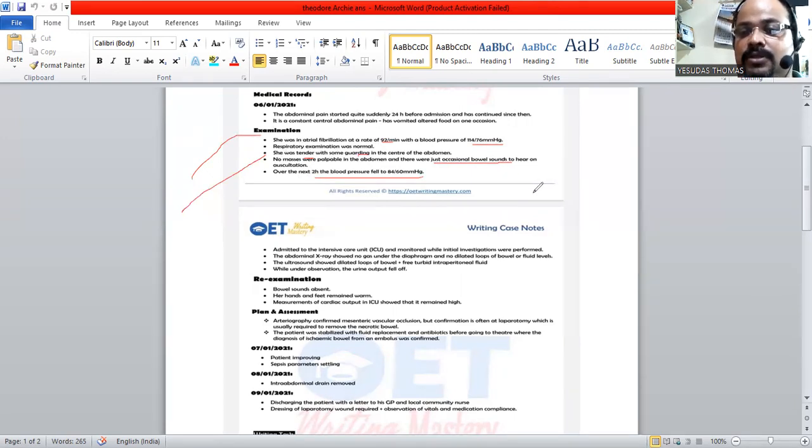Don't say bowel sounds present, just say occasional. It means very limited bowel sounds. Many students just write bowel sounds, but it's not actually bowel sounds present. We are getting bowel sounds, but that's not proper. That's what we need to understand.